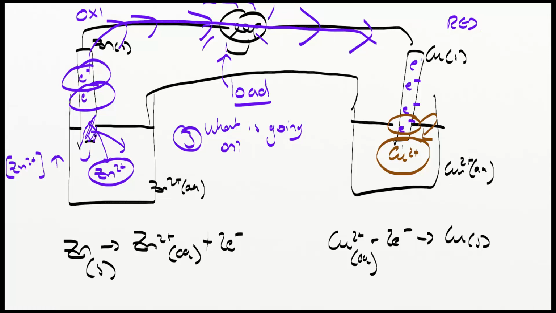So the copper 2+ here will gain the electrons and will become copper solid. So what happens when it becomes copper solid? Well, we'll get a deposition of copper solid around the surface of the electrode like that. Okay, and that's basically what happens.